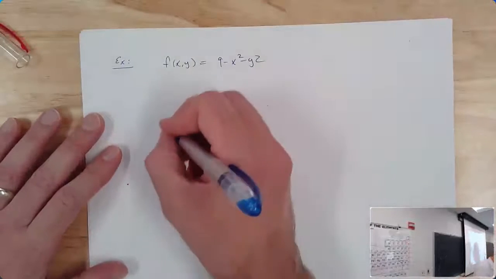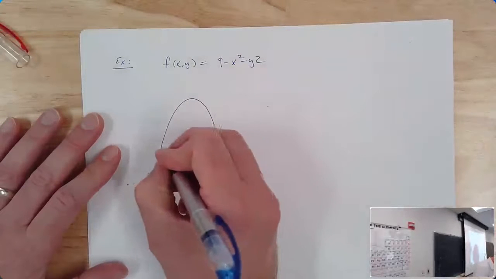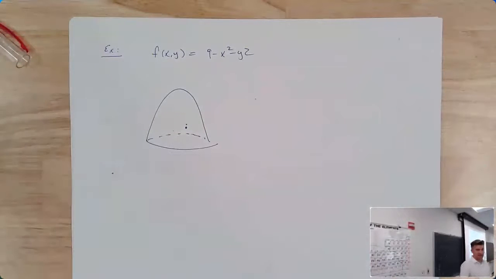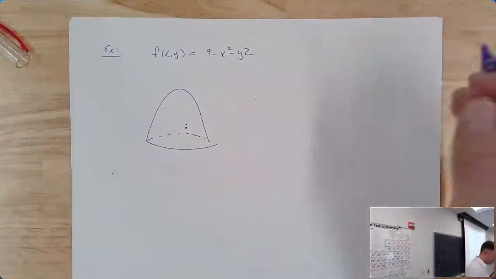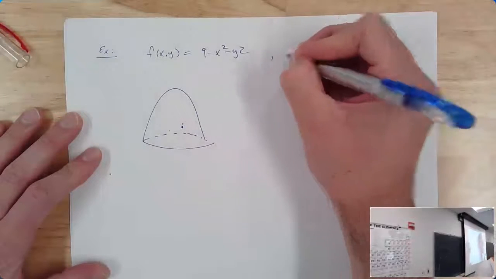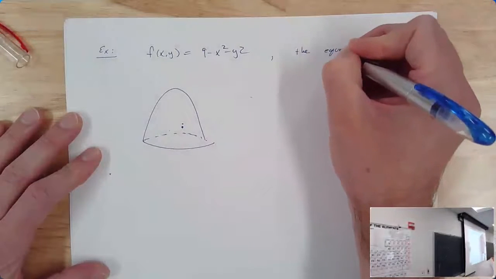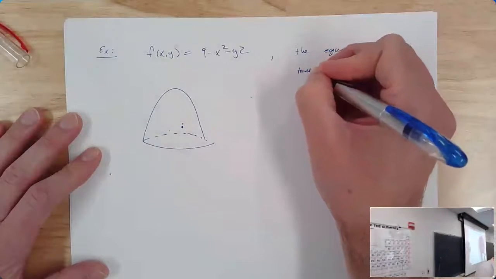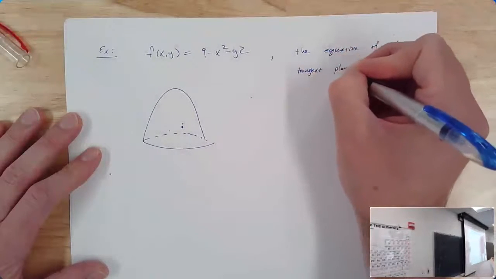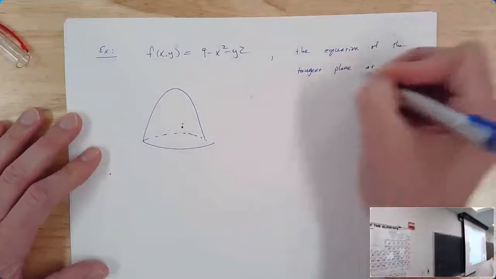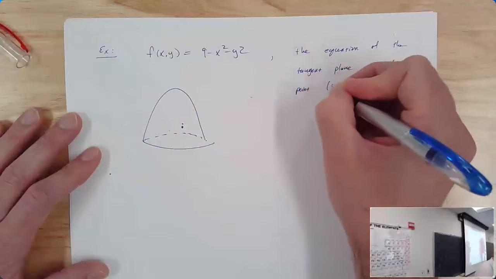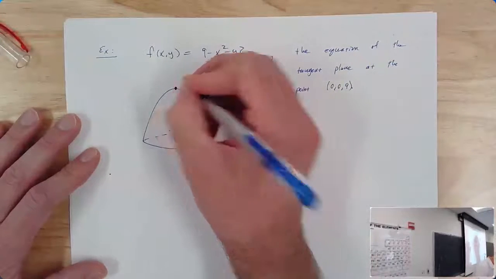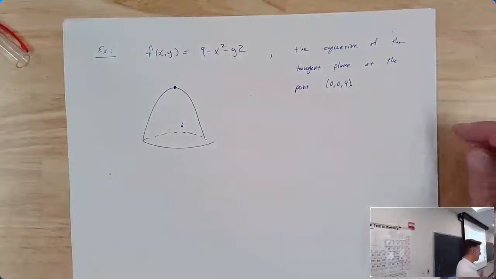Specifically, I want to find the equation of the tangent plane at the point 0, 0, 9, meaning at the top. This one's going to be extra easy by design.